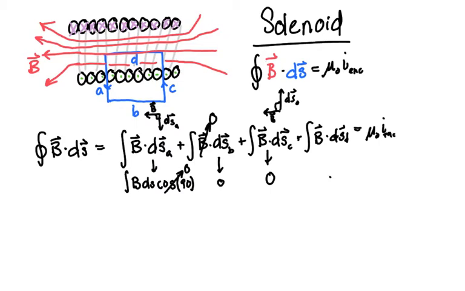What about the last one? Well, in this case, we have our magnetic field traveling in the same direction as our differential path length. Better yet, we're inside the solenoid, so it's not just 0. As we apply that, we have a uniform and constant magnetic field, so that is pulled out of the integral.